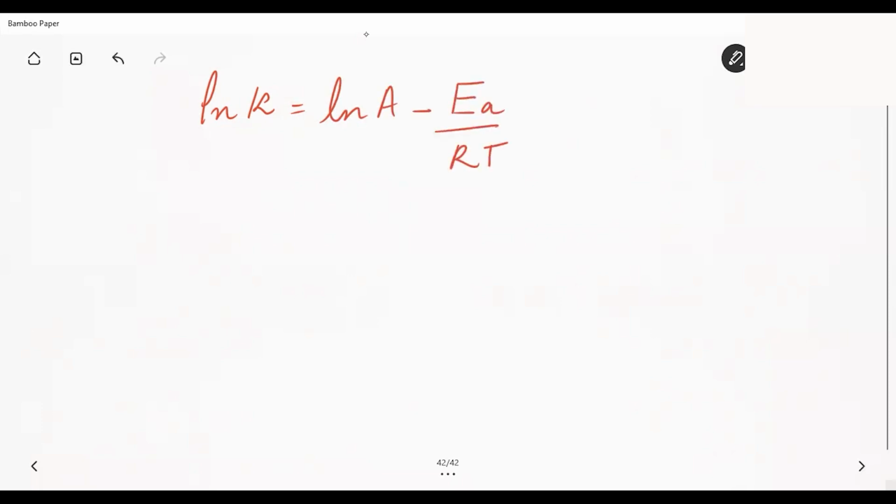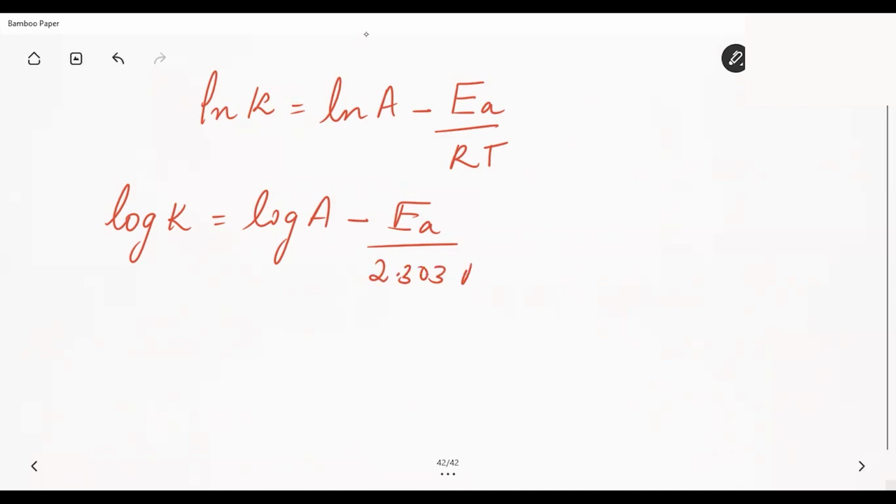And logarithm to the base 10: log k is equal to log A minus Ea by 2.303 RT. And this is in the form of y equal to mx plus c.